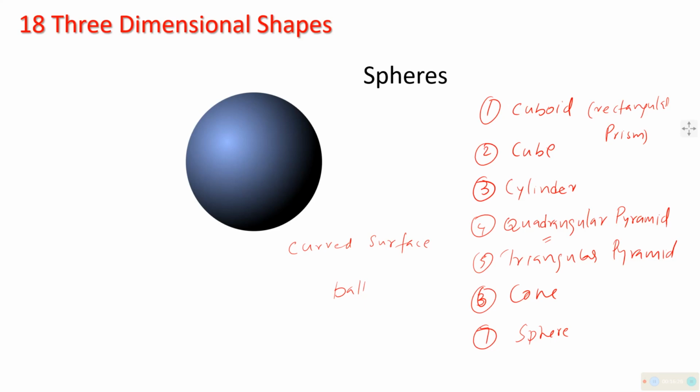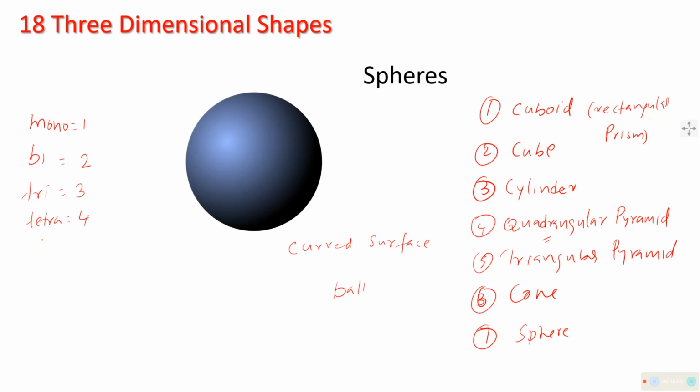I will just explain to you here. Mono means 1, bi means 2, tri means 3, tetra means 4.